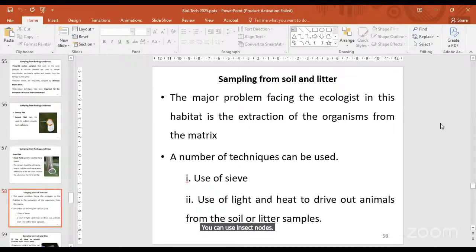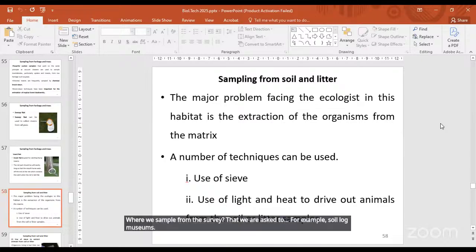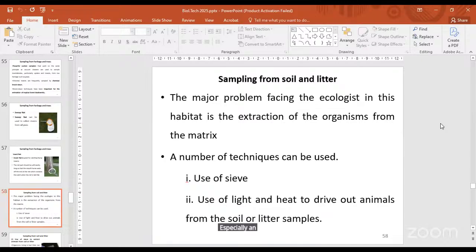Then what about sampling from the soil or from litter? Don't forget, when we sample from the soil, we are asked to sample soil organisms, especially soil-dwelling animals, the earthworms, nematodes, and so on, roundworms.